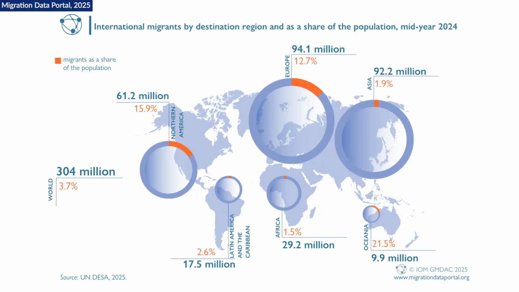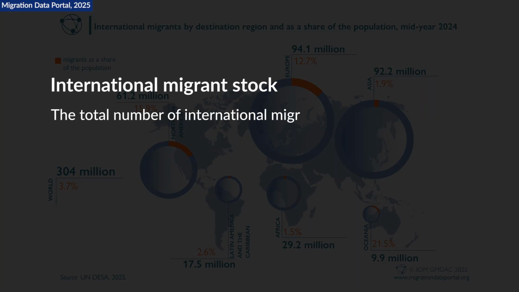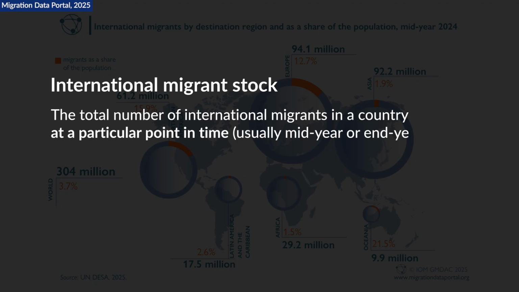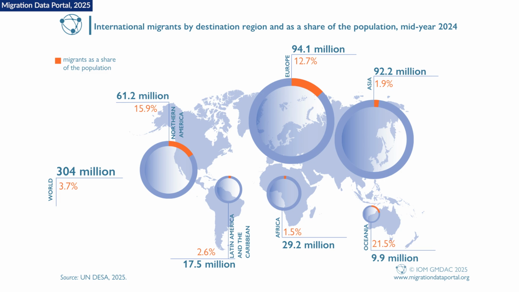And using this definition, the UN gathers information about who is a migrant and is able to measure migrant stocks around the world. The international migrant stock is the total number of international migrants in a country at a particular point in time, usually mid-year or end year, using the definition that I have already explained. So here is just an example of that.